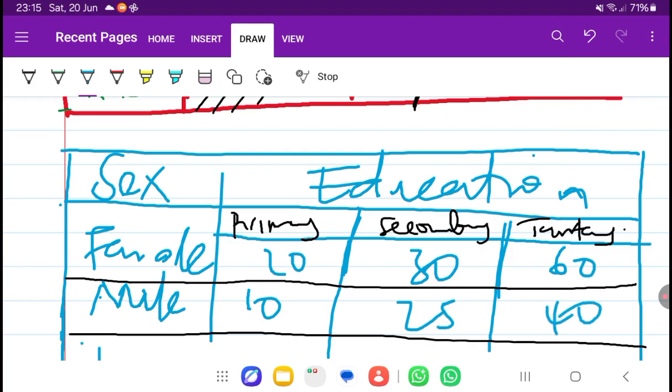Then here I can have the totals if the information is presented in that manner. Of course, here we'll have 30, this one will have 55, then this one will have 100. You can also have the totals this side, whereby you are having the column.